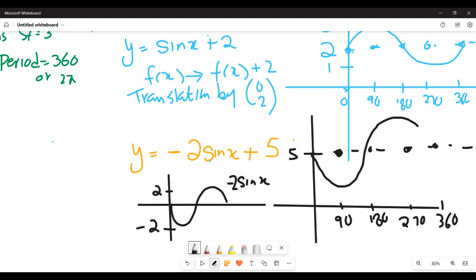And remember the magnitude is 2. So it goes till 7 and this goes till 3. Again, the period of the graph did not change. The period is 360 degrees or 2 pi, but the range is now between 3 and 7.